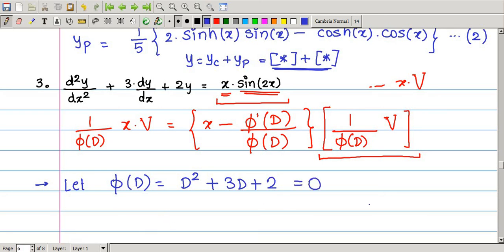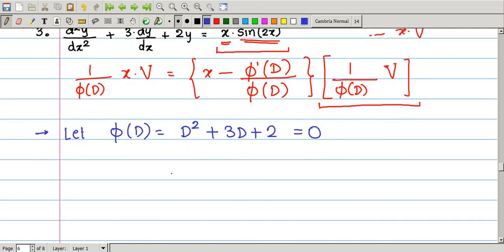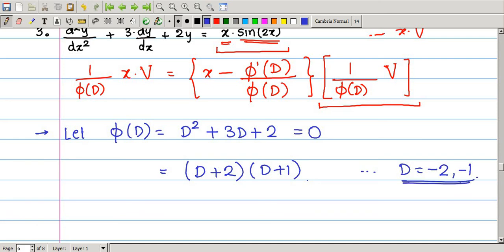And the roots of this polynomial are d plus 2 and d plus 1. That is, d is equal to minus 2 and minus 1. These are real distinct roots.